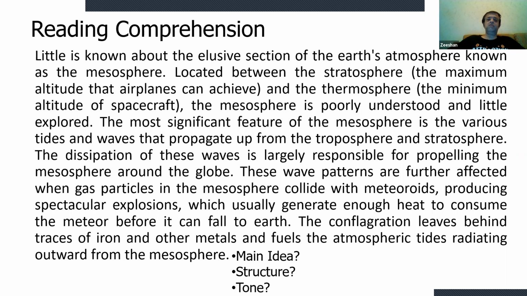So when you skim through it, you'll know what the whole structure is about. You also should look at the tone. Is it positive, negative, or neutral? It's an explanation of a scientific phenomenon, so the tone here is neutral.